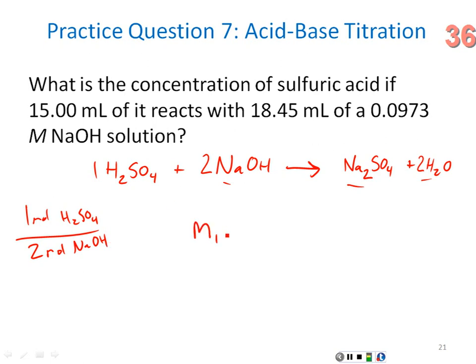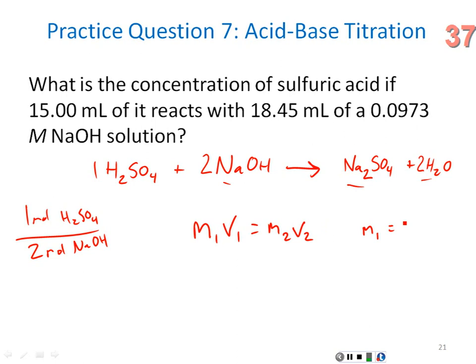So now if we want to do the calculation with M1V1 equals M2V2, you can actually, at this point, if you wanted to put in the factor of 1/2, you could. I don't prefer doing that. I like to save that for the end, but it's up to you. It would be equivalent either way. So let's rearrange this equation to solve for M1, the concentration of the acid.